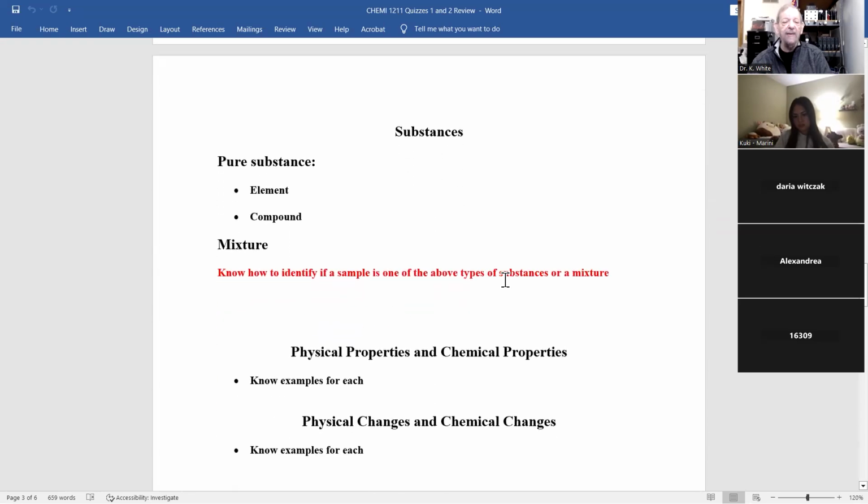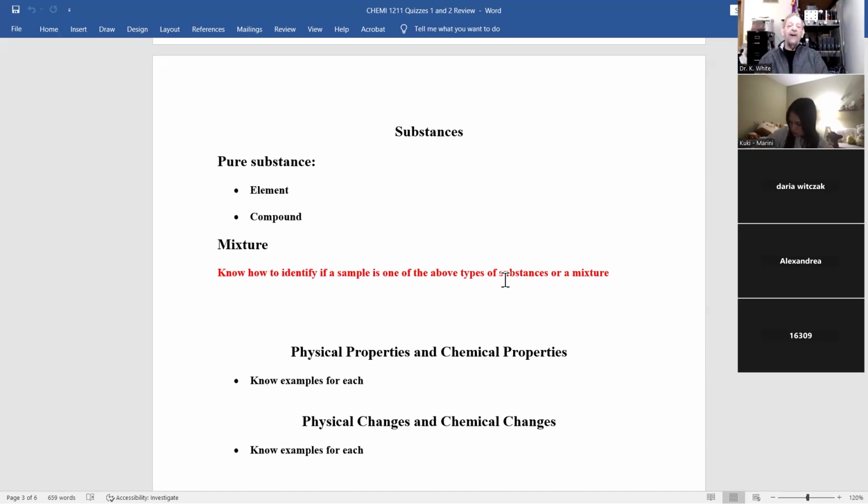When we talk about substances, there are two types, element and compound. The elements you've learned from the periodic table, and compounds we'll learn throughout the semester. For example, gold is an element, but water is a compound, also sometimes called a molecule.